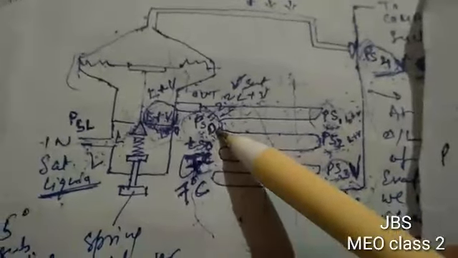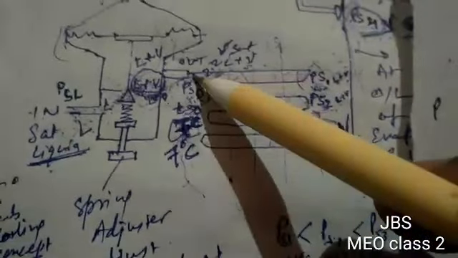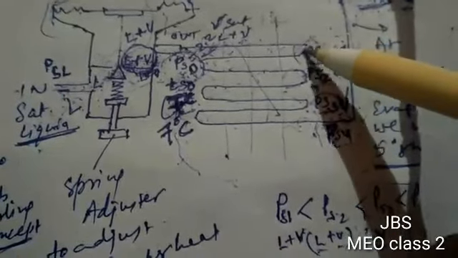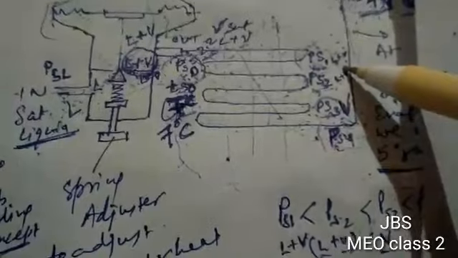Now let us see. Just for example, we will take the saturation pressure at the inlet of the evaporator as 2.2 bar, and we are denoting it with PS0. After it passes through the first coil, there is a drop in the pressure to PS1, liquid plus vapor.